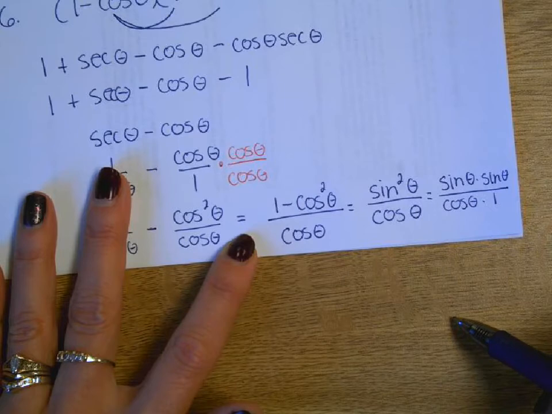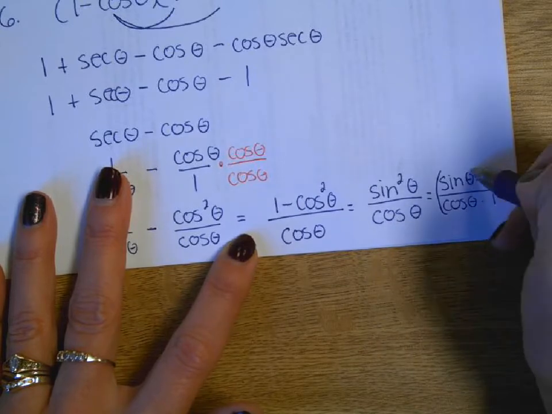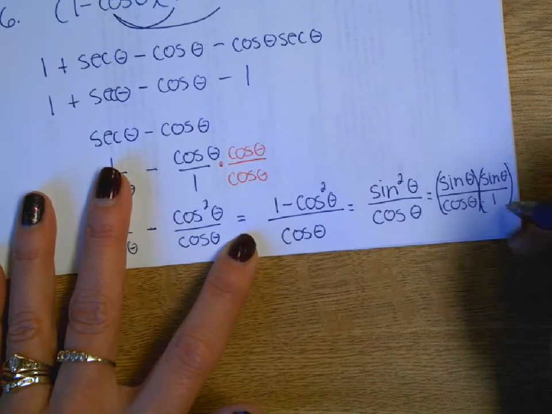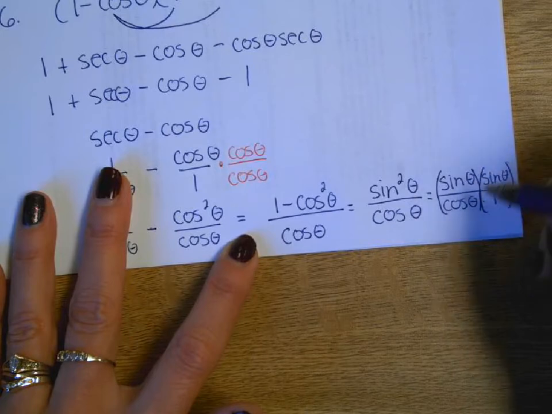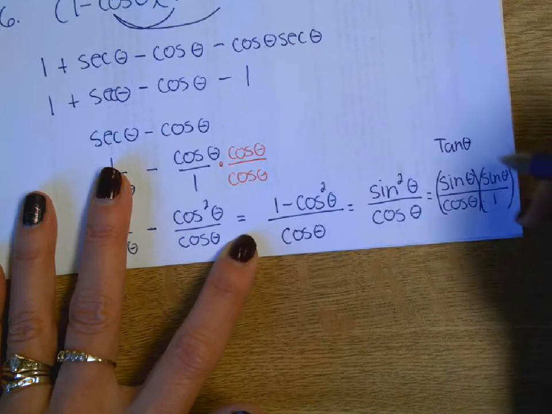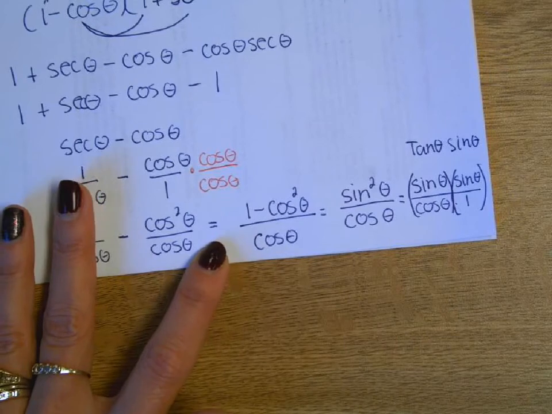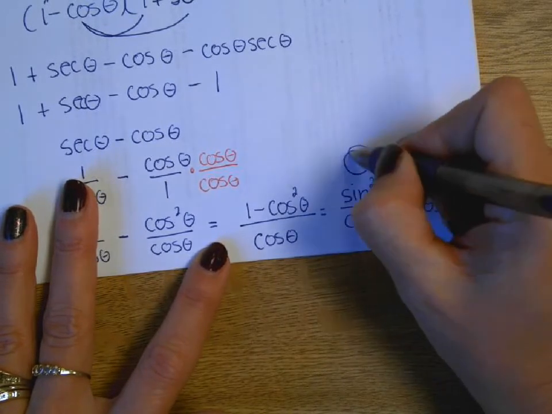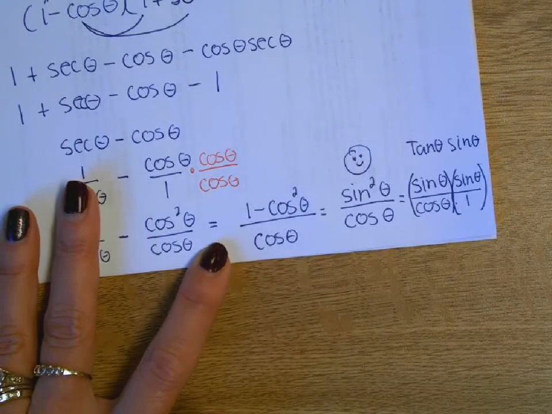Cosine is cosine times 1. If I multiply these two together, what is sine over cosine? Tangent. And sine over 1 is sine. So they take it 2 more steps. I am perfectly happy, smiley face, right here.